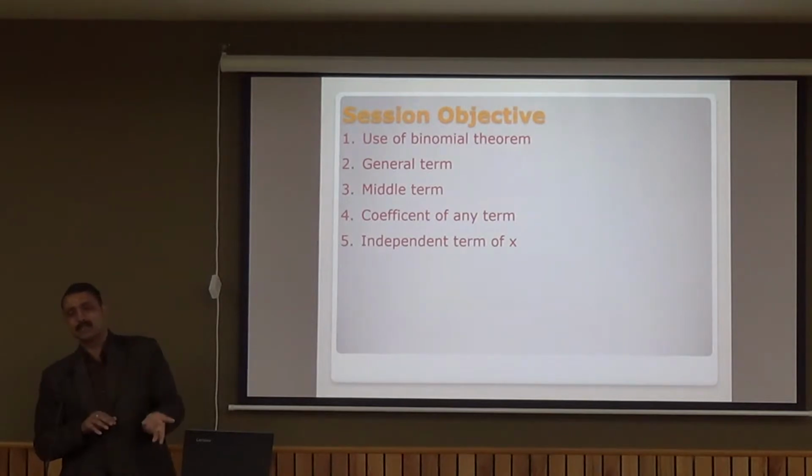Here the same condition is happening. We start with the power a³, then the power of a decreases by 1 and the power of b increases by 1, but their sum will always be 3.